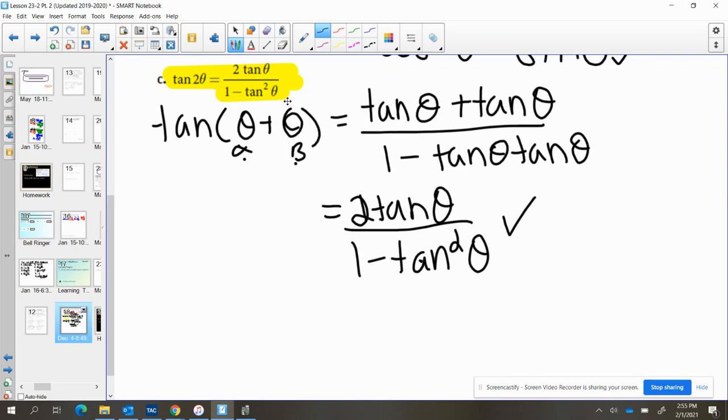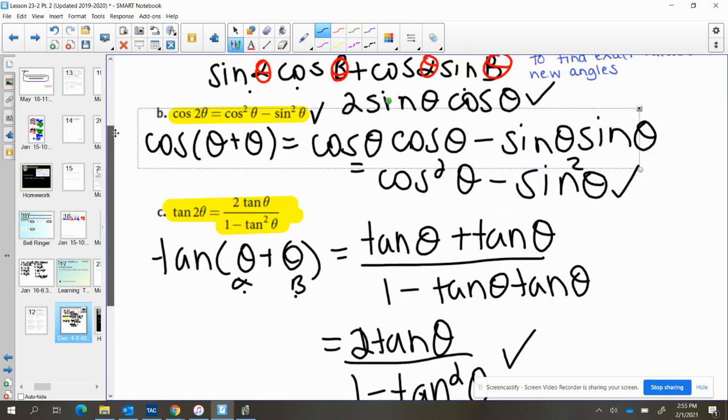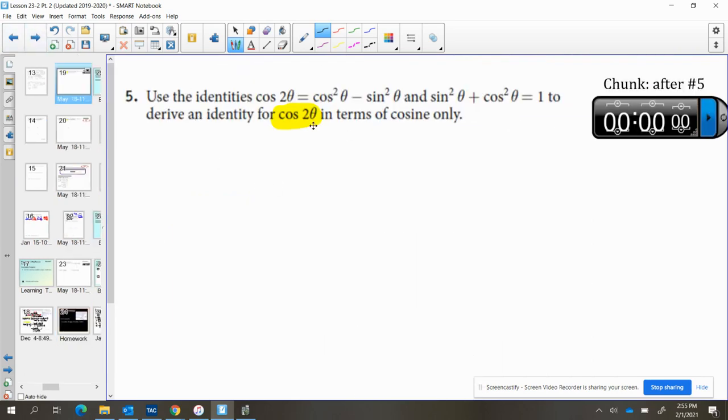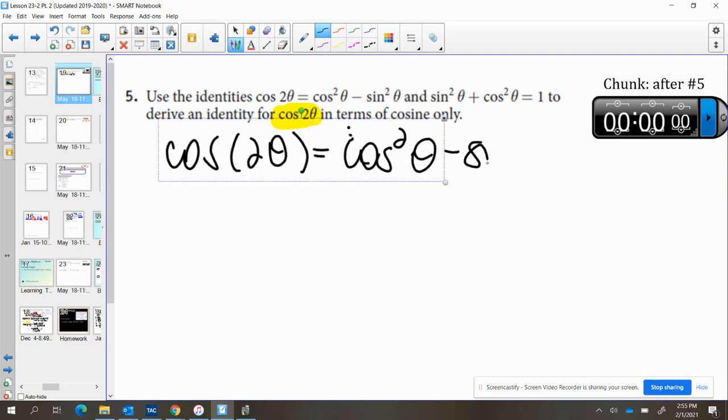Now officially, we can actually take the cosine of 2 theta and derive it a little bit further to have some other forms, okay? Because if we take cosine squared and sine squared, we know we can make some substitutions using Pythagorean identities. So cosine of 2 theta actually has a couple other forms because we can write it in terms of cosine only or sine only. So again, originally we derived it to be this cosine squared minus sine squared.